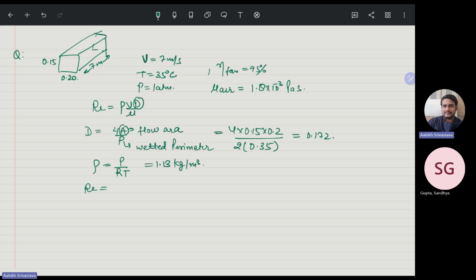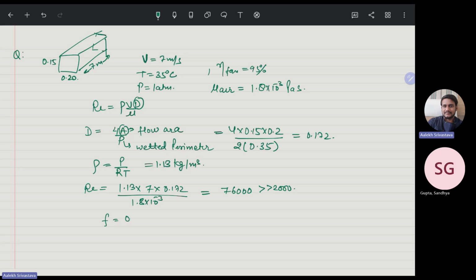And if you put in the Reynolds number, rho is 1.13, velocity is 7 meter per second, diameter is 0.172, divided by the mu, that is 1.8 into 10 to the power minus 3 for the air, you will get a Reynolds number of 76,000. That is much greater than 2,000, so it is a turbulent regime.